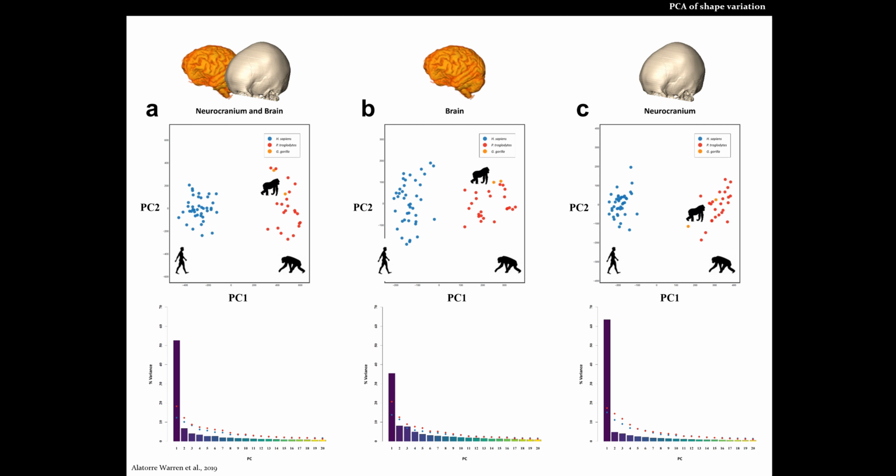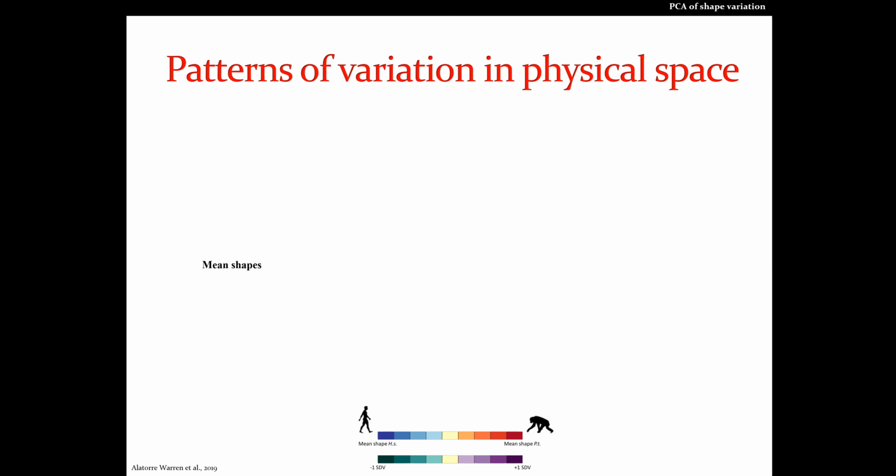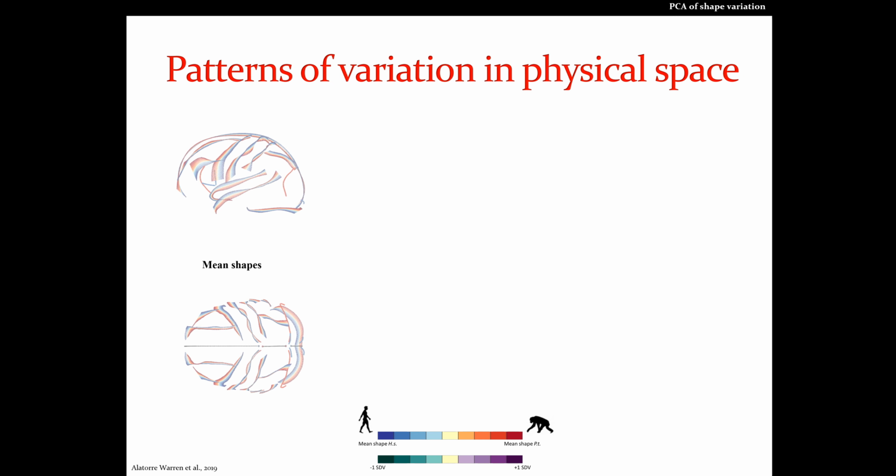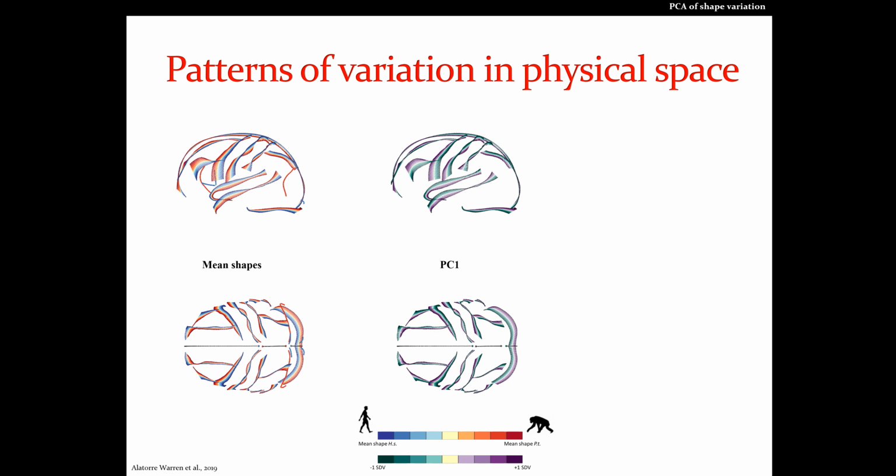And we can see all this in physical space. So these are the mean shapes. These are the differences between the human and the chimpanzee mean configurations. Now, these are the patterns of variation along PC1.